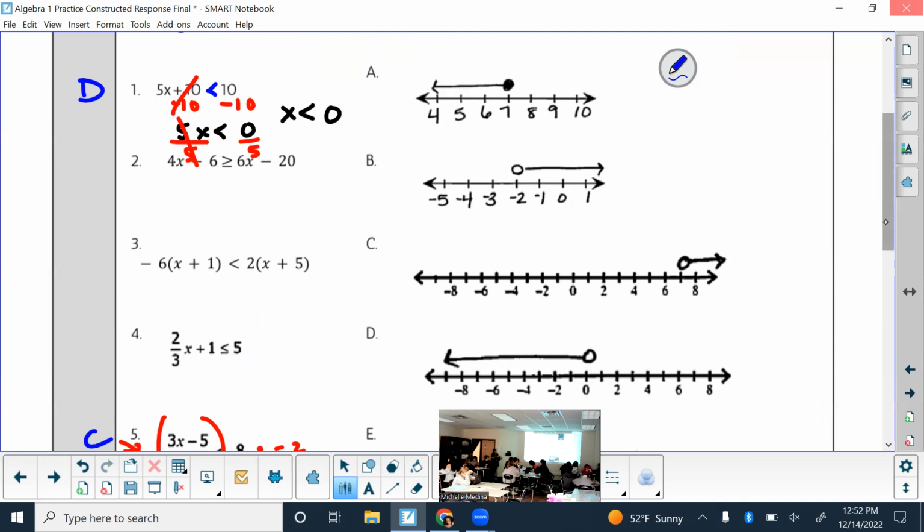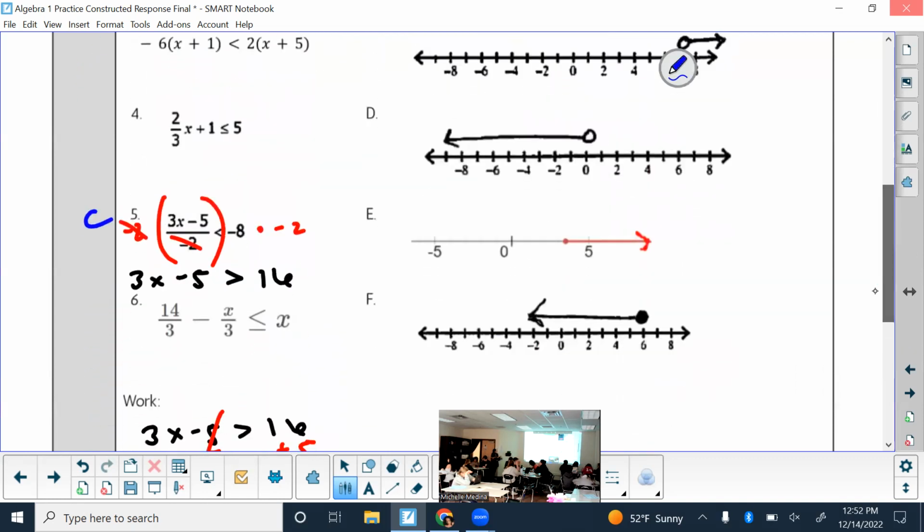Let's look at this one down here real quick. Same premise, if you don't want to work with a fraction, how can you make it no longer be a fraction? Multiply by the denominator, and look, they happen to have the same denominator, so I really only need to multiply it by the 3 one time, to clear one fraction, so whatever you do on one side, you do to the other side.